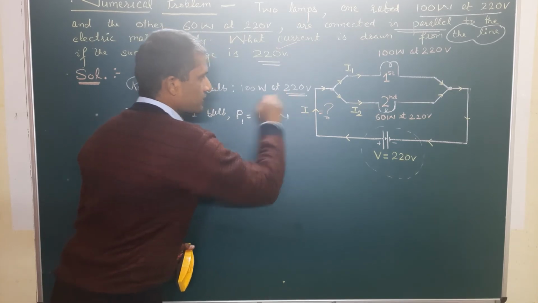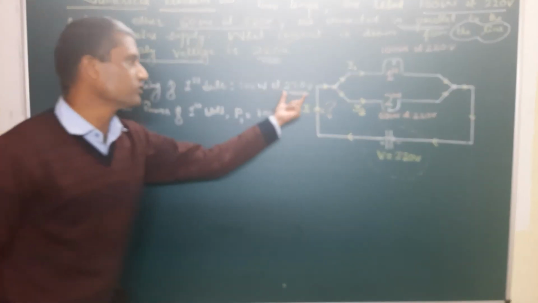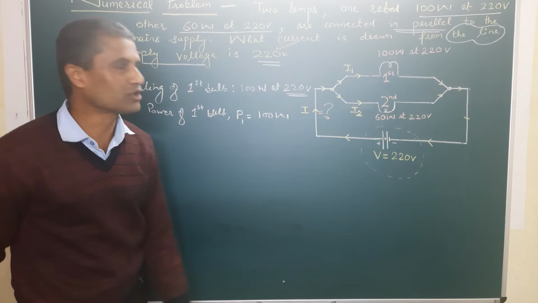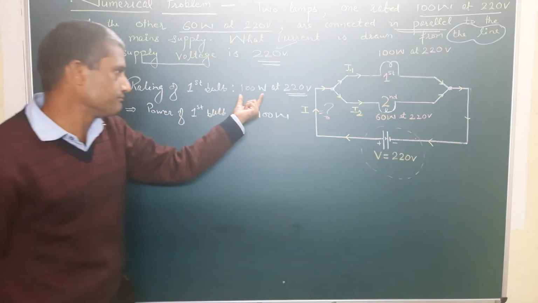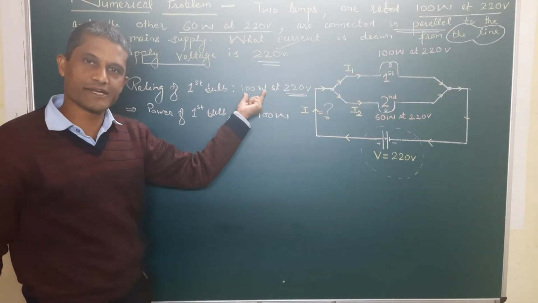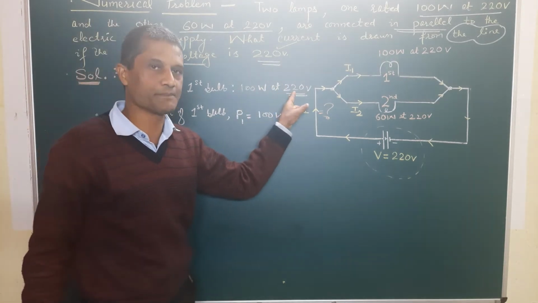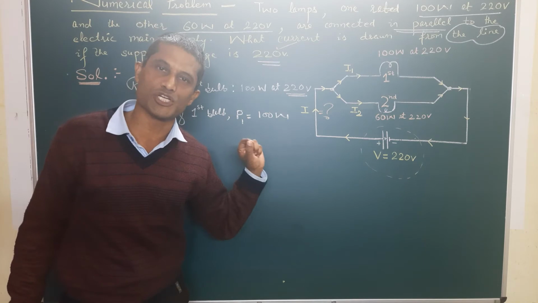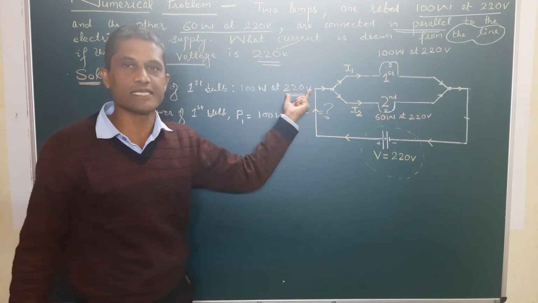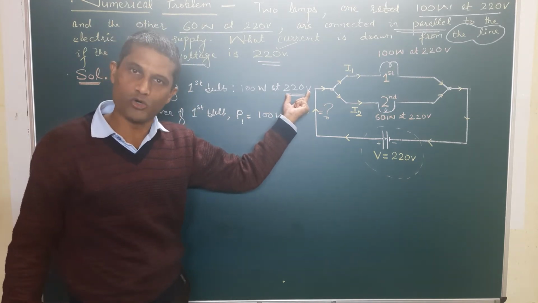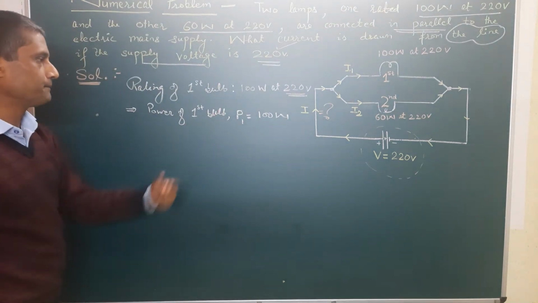But this 220 volt is the voltage rating. That means this bulb is going to release 100 joule of energy in 1 second when it is subjected to 220 volt potential difference. Remember, this is not the actual or operating voltage. Anyway, that's the P1 here.